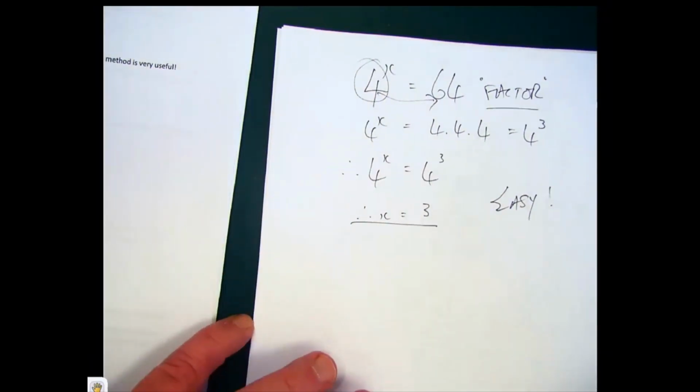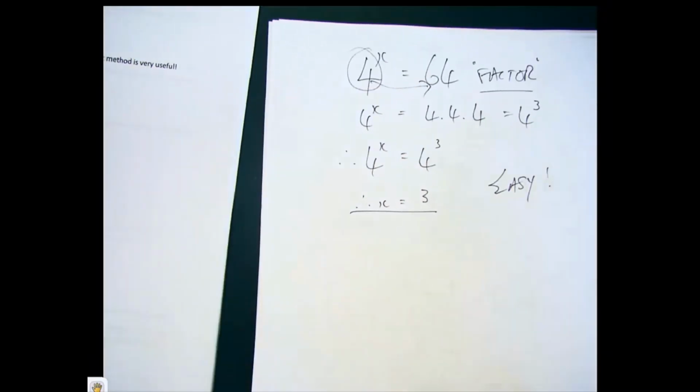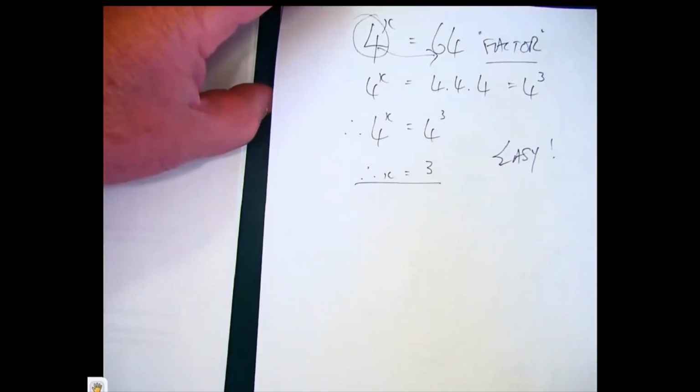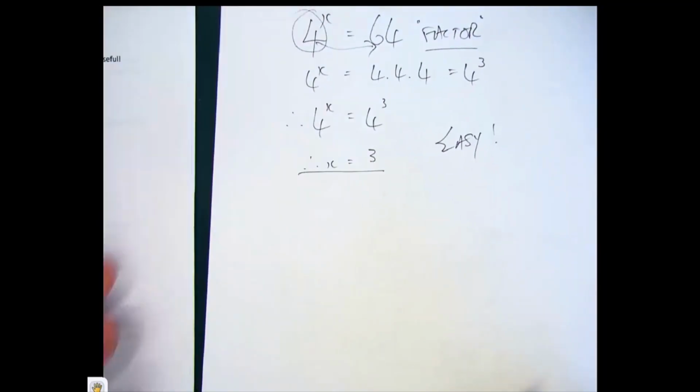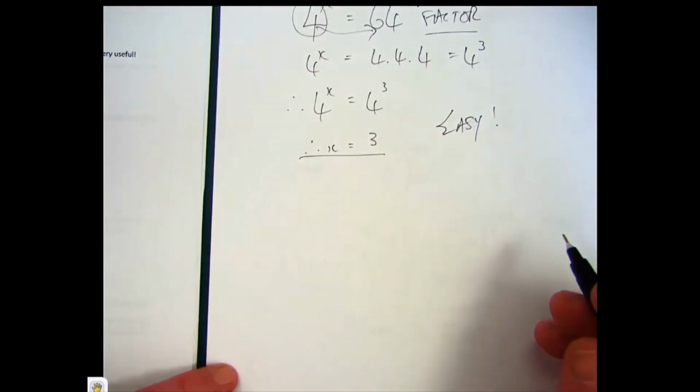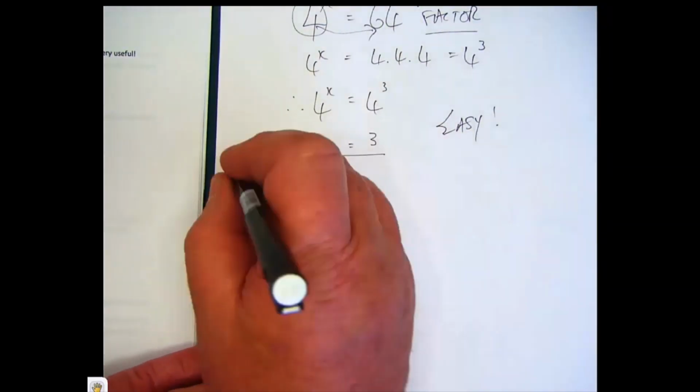So this can be done without the use of a calculator. Now, in real life, sadly, it's not always that easy. So sometimes we have more complicated situations, but this method is also good for anything.